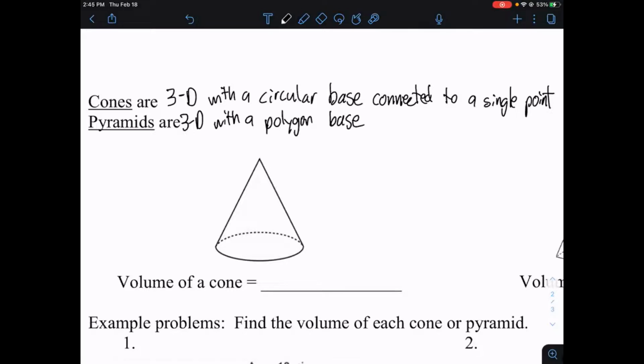Okay, so the difference is the base is a polygon. So a polygon could be a square, a triangle, a rectangle. It's something with straight sides, right? So it can't be a circle, which is why cones and pyramids are different. But again, like the Egyptian pyramids, they narrow down to, or I guess narrow up to a single point.